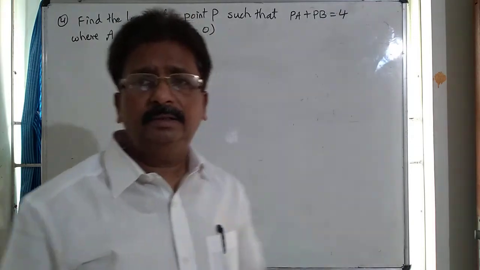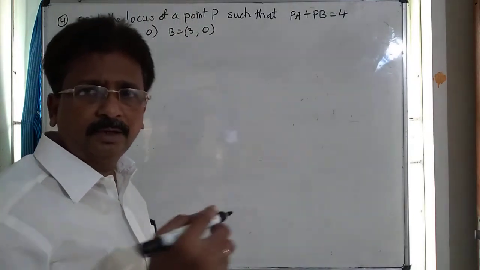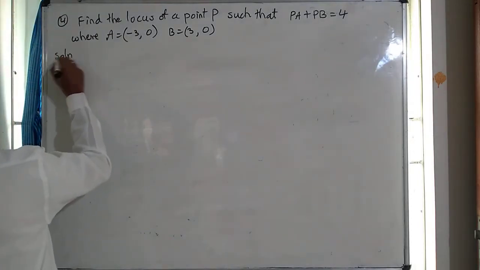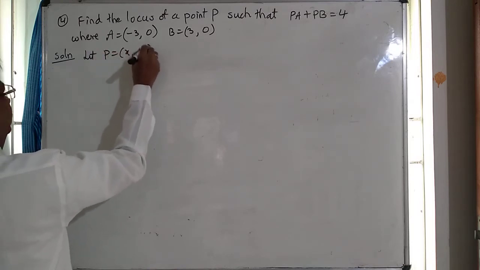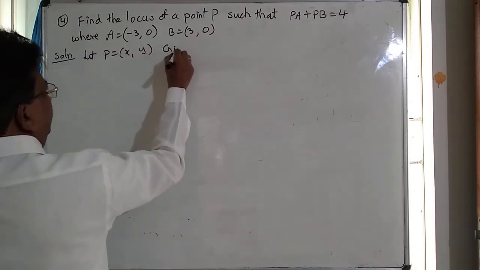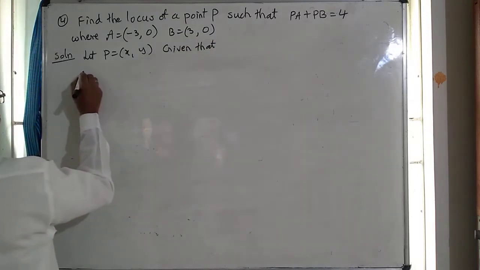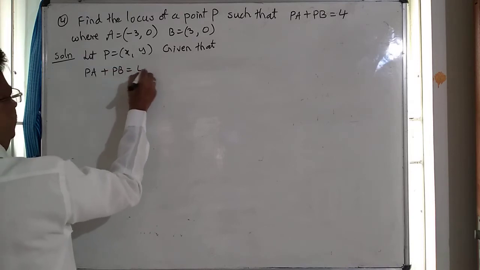Suppose if you want to write the PA value, first I will introduce the P. Let P is equal to x comma y, and given that PA plus PB is equal to 4 units.